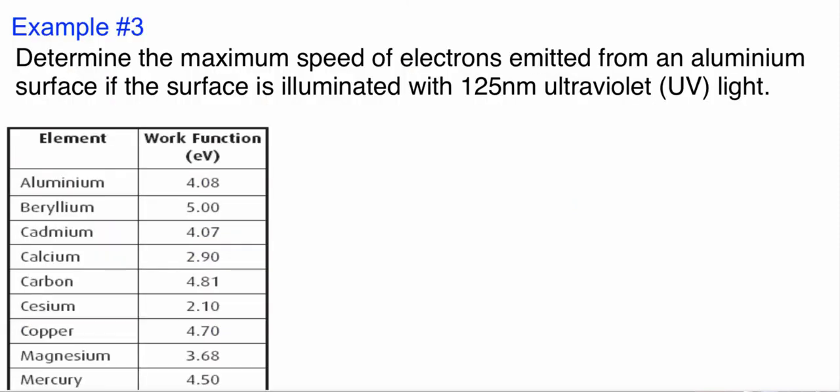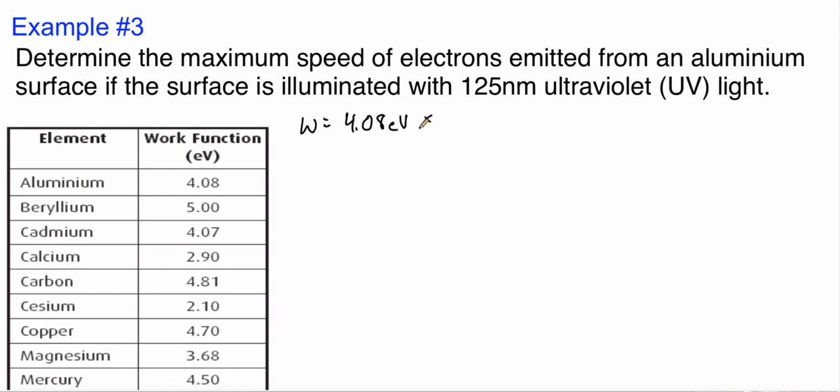Now here's our last style of question that we're going to be looking at for today. It says, determine the maximum speed of electrons emitted from an aluminum surface if the surface is illuminated with 125 nanometer ultraviolet light. So let's look at what we know here first. First, we know my work function of aluminum, according to this table, is 4.08 electron volts.